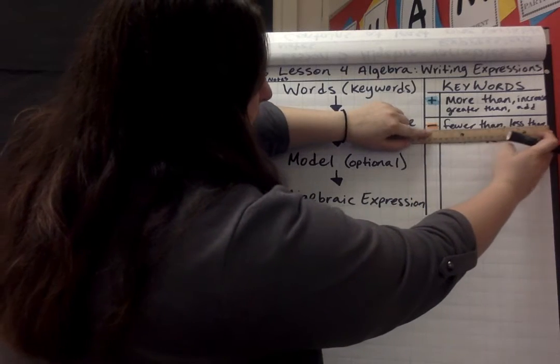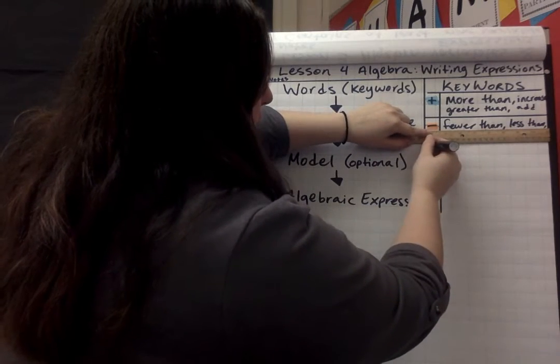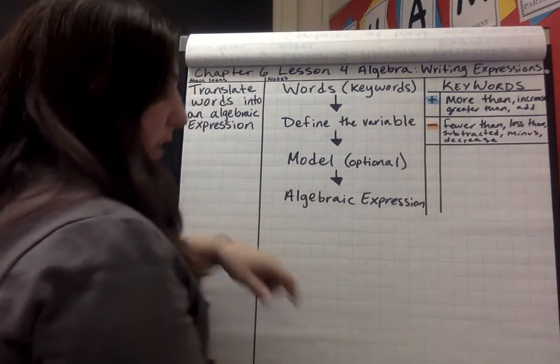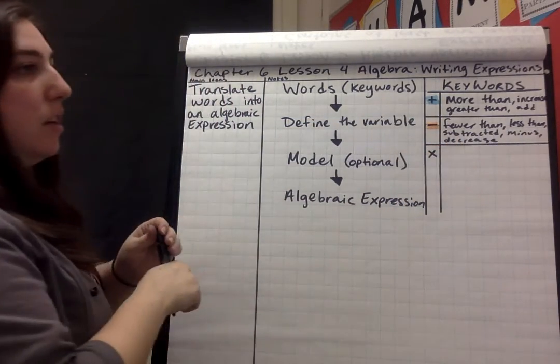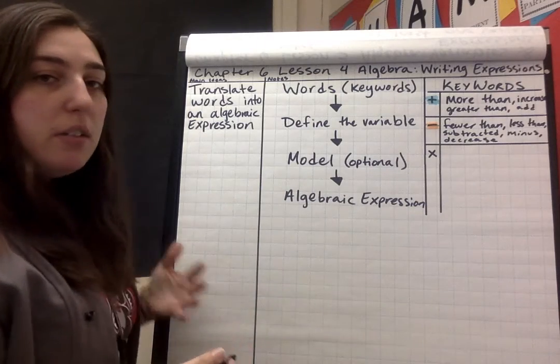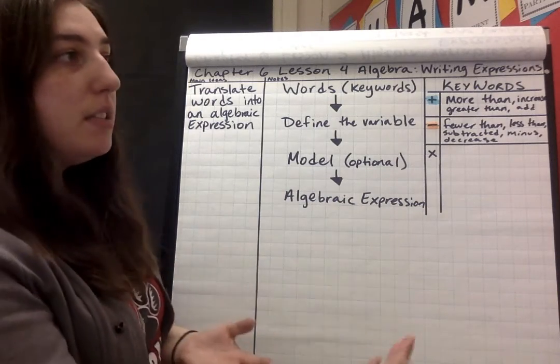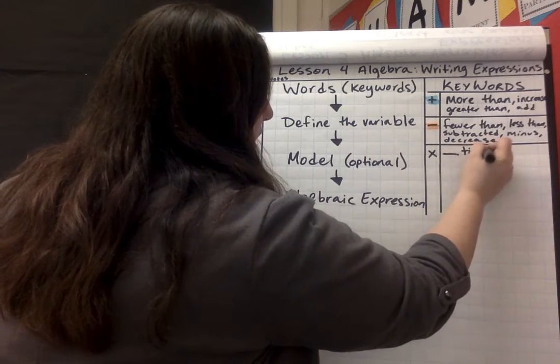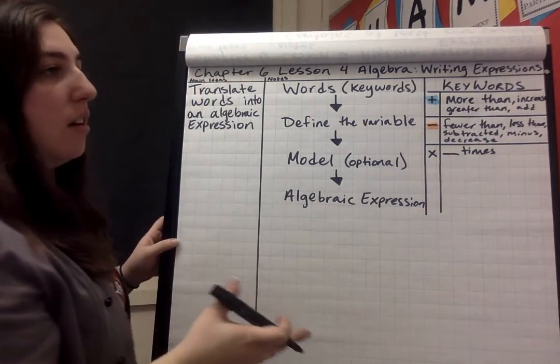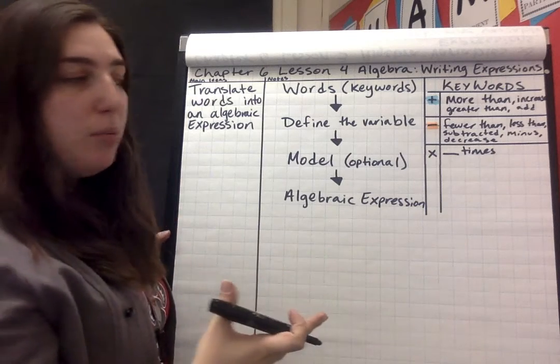And of course, we need to take notes on some keywords of multiplication. Okay, so in multiplication, sometimes it'll say blank times. So blank times something, and we know that it means multiply.